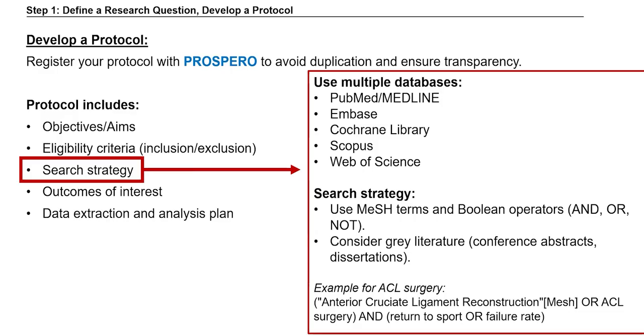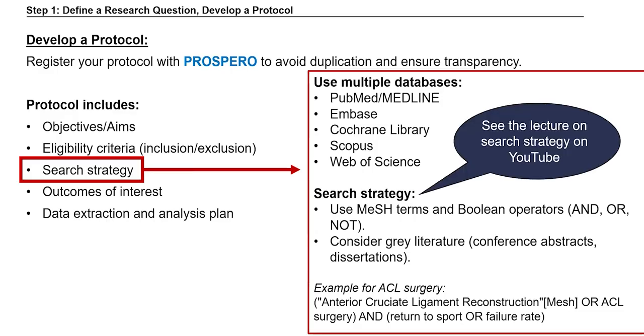And also we are looking at return to sport or failure rate. So in the second part of our search, we are including them with an OR in between. And I mentioned here, you can definitely refer to the other lecture I have on search strategy. I hope it's useful. It's a good complement to this one.